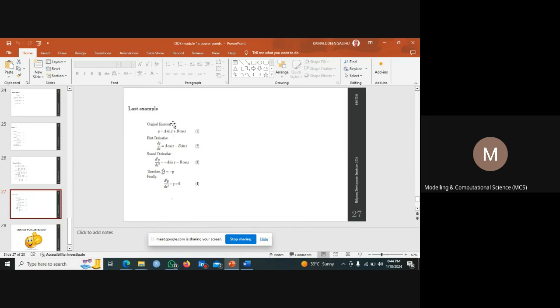When you differentiate sine x, we have cos x. When we differentiate cos x, we have negative sine x. That is why this sign is changing from positive to negative. So the first derivative is dy dx equals a cos x minus b sine x.